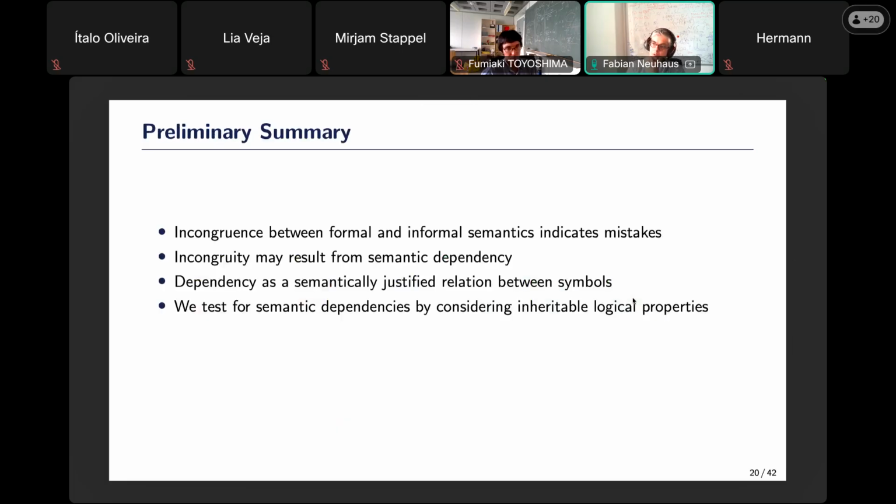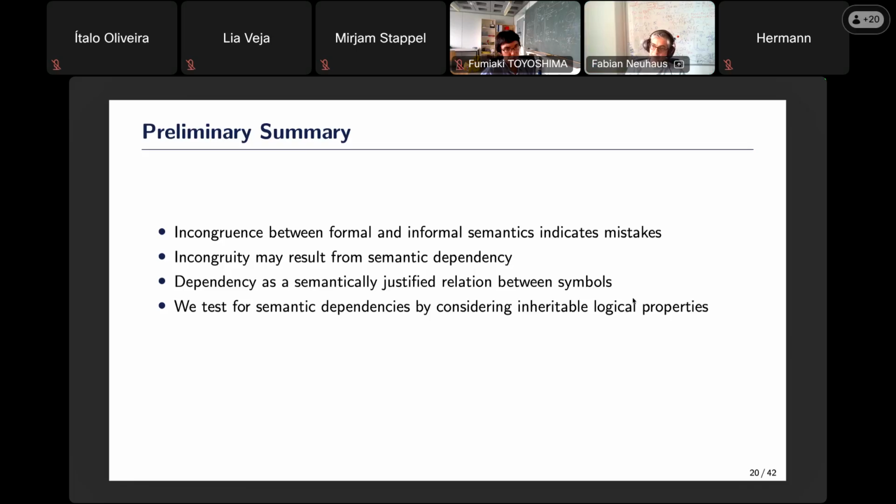So what's the preliminary summary? First of all, there's a notion of semantic incongruity, which is the result of a clash between formal and informal semantics, which we can't just automatically capture with automatic reasoning. And in order to find out where to look for semantic incongruity, we need to consider the semantic dependency between the terms in our ontology.